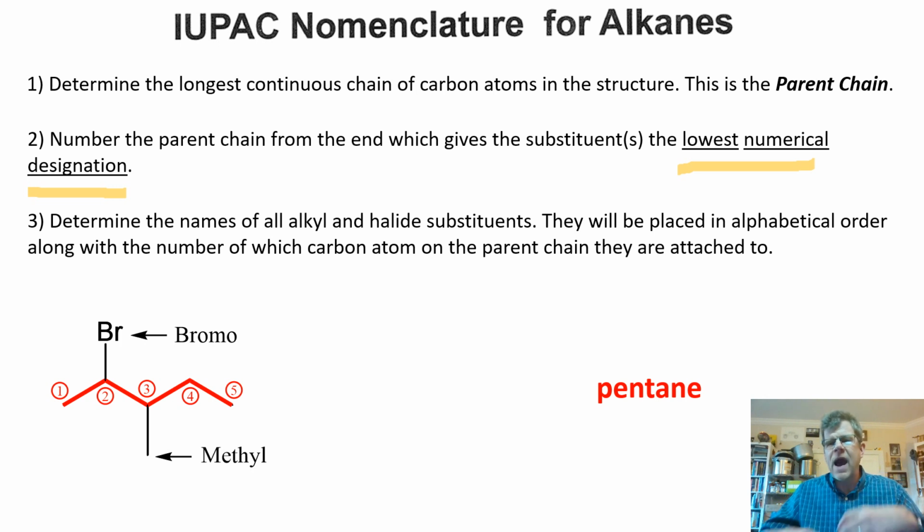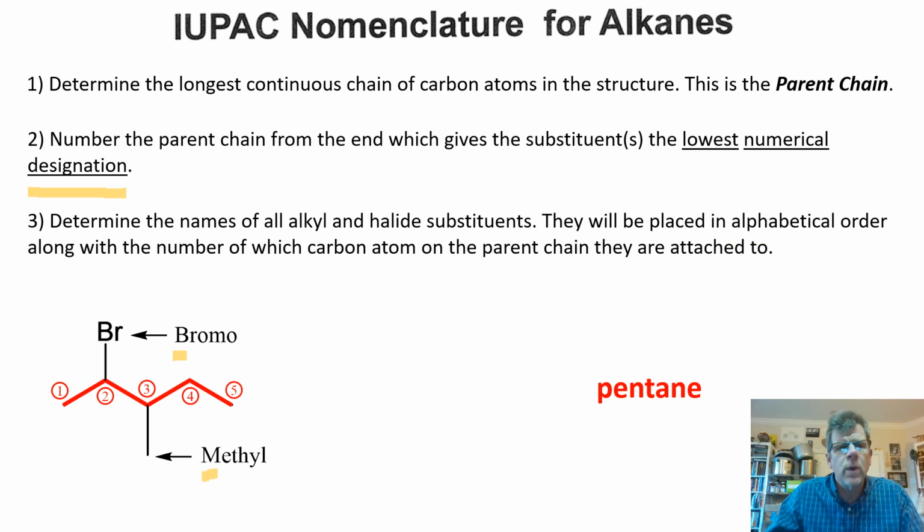Importantly now, how do we cast this all together? These substituents, if we have more than one substituent, have to be placed in alphabetical order, along with the number of each carbon atom that they're attached to. So notice here we have B in bromo comes before M in methyl.